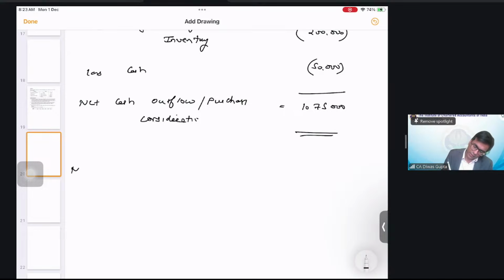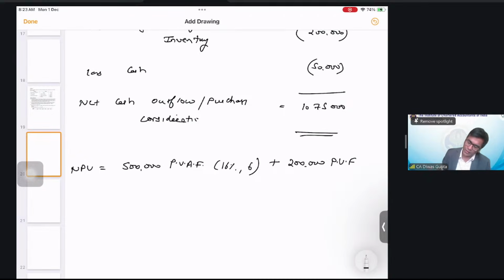So the NPV will become 5 lakh times the present value annuity factor at the rate of 16% for 6 years, correct? Plus 2 lakh times the present value factor.